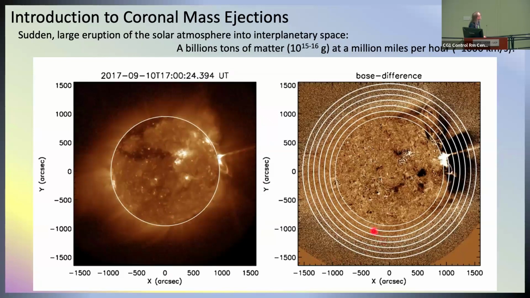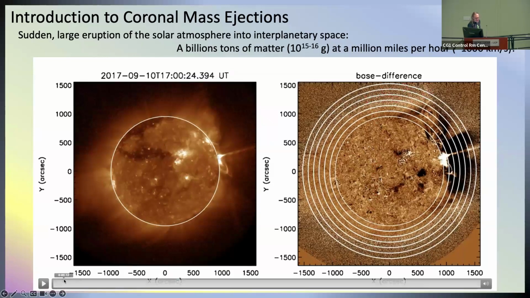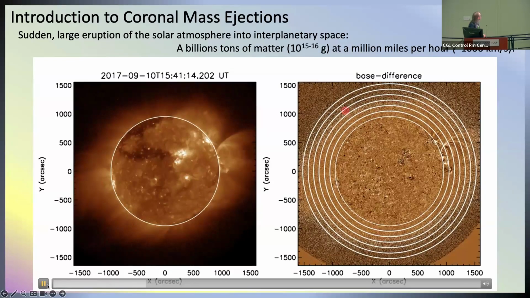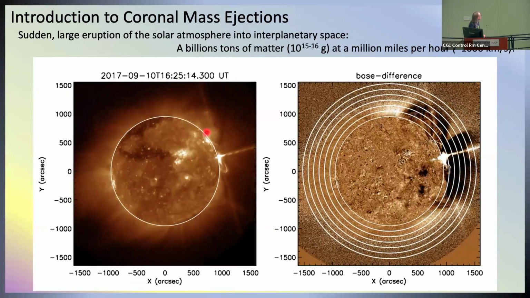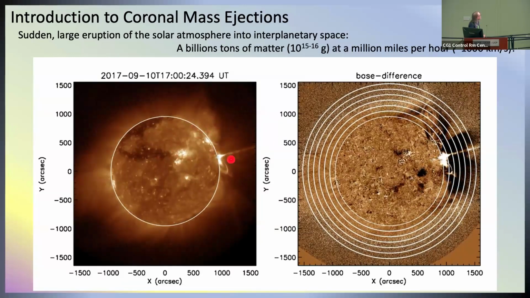And over here on the right, we've got what they call a base difference version, which is basically if you take one of these images at time t, and you subtract whatever the image was several hours before, you've got basically a measure of how much the emission has changed between those two figures.